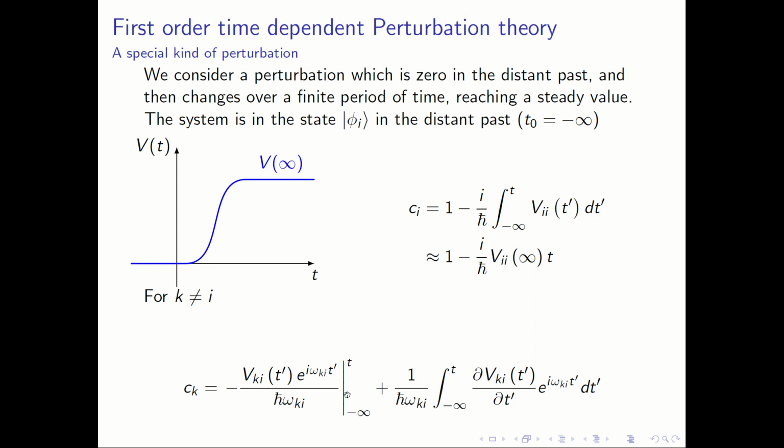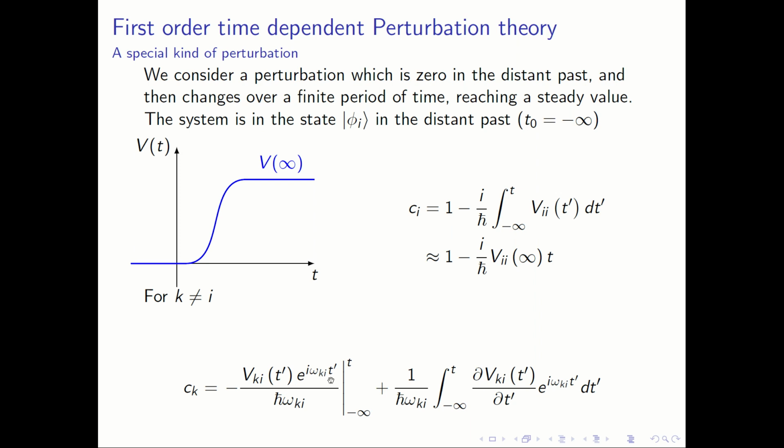And this whole thing is the integrated out part. Of course, the limits have to be put in, plus the other term which involves derivative of the first function vki and the integral of the second, e to the i omega ki t prime. The integral of course brought in this 1 by i omega ki, and you have this plus i by h cross, plus because of the extra minus sign because of integration by parts and so on, and this is what you get.